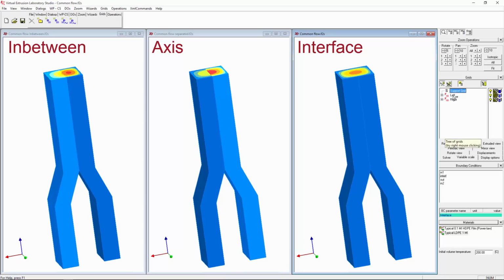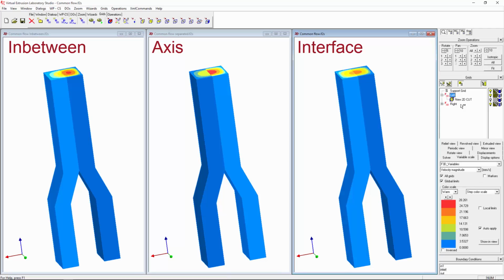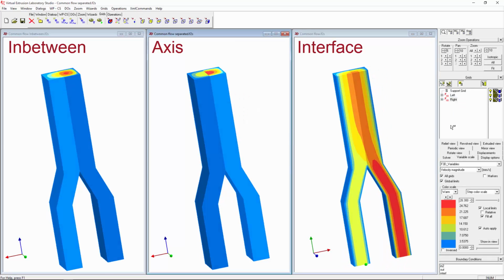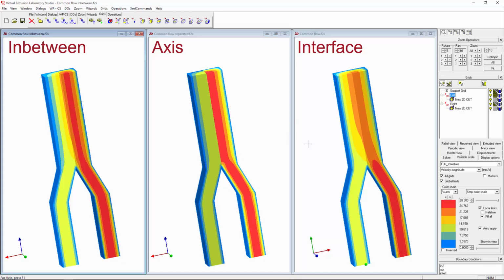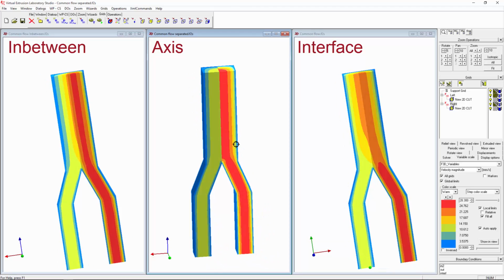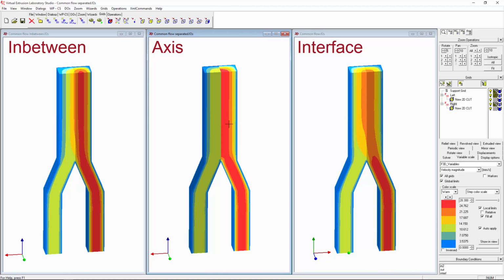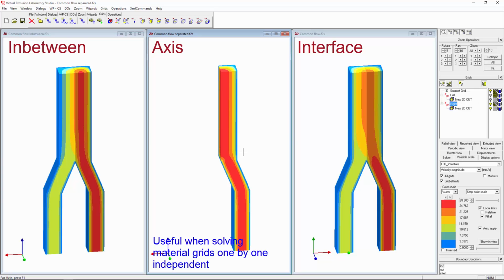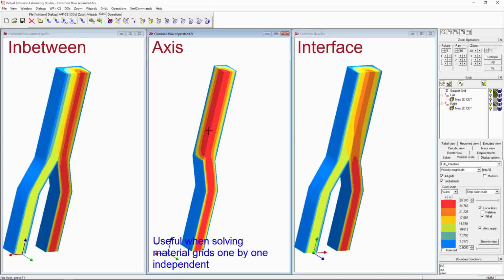Now, we of course can look on things like cuts, right? So I can, let's say, show you what's inside, so we can do it for all the meshes because I have prepared those cuts here, and you can see that for the separated case where we had the axis in between, there's no flow across, right? Each polymer stays there, and basically if you solve them independent, you would see exactly this picture like with an axis boundary here.